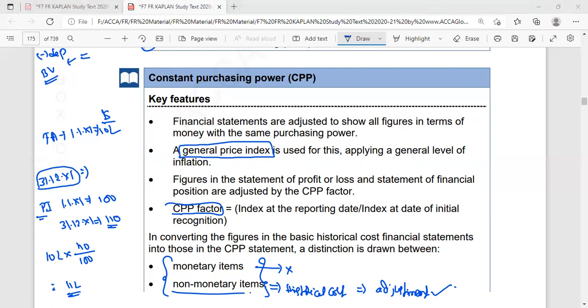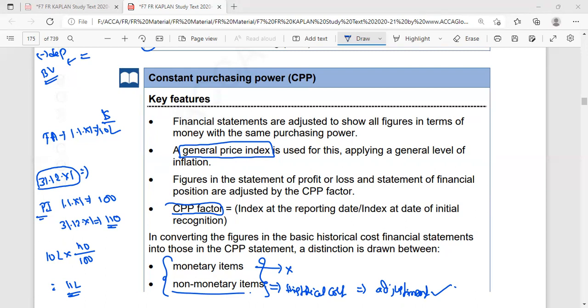So constant purchasing power accounting is generally used to prepare the financial statements by considering the adjustment of changes in the value of money.